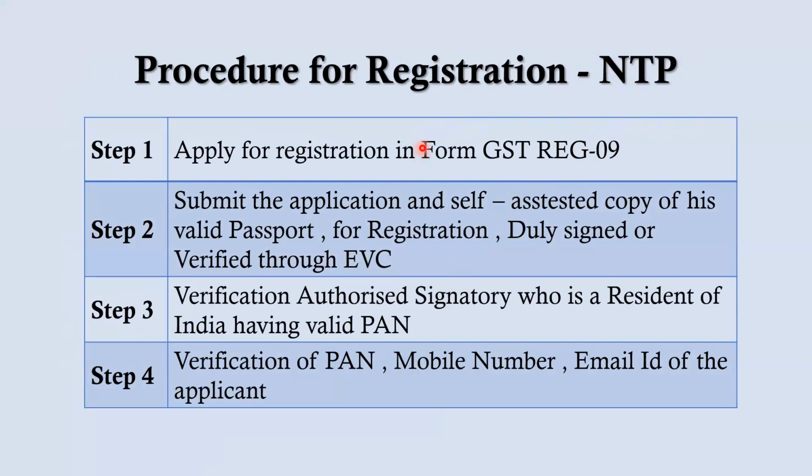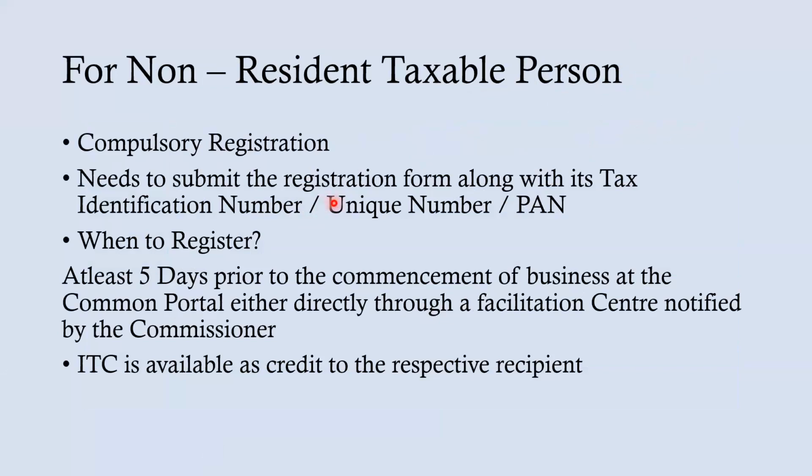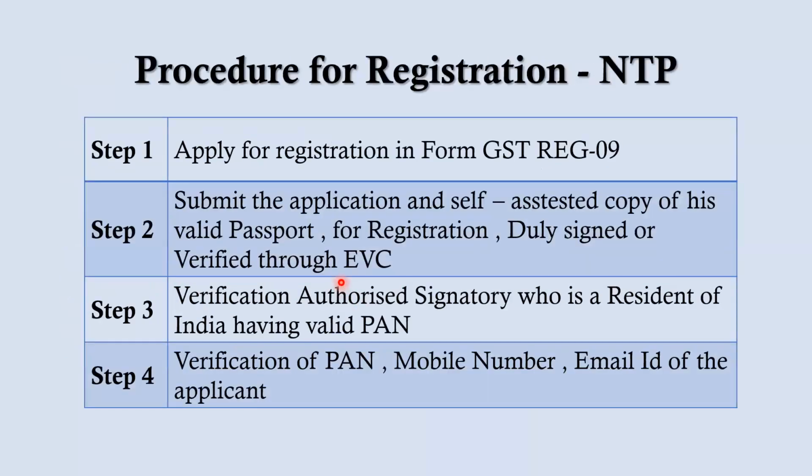Again, note that he needs to register at least 5 days prior to the business. At the next step, he is supposed to submit the application along with the self-attested documents, which is of his passport, then registration, which is duly signed or verified through EVC.